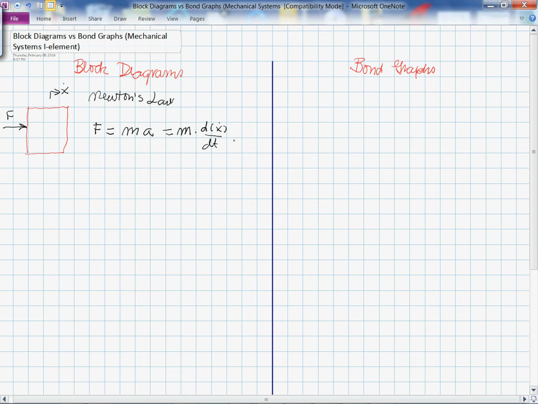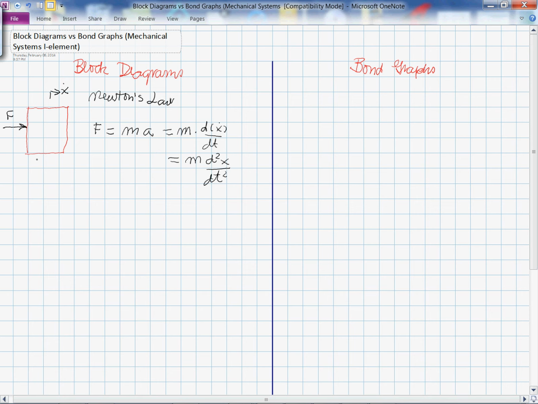Or you could also write m times d squared x dt squared. These are the several ways of writing Newton's equation for this kind of situation.